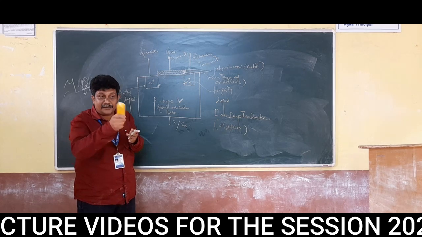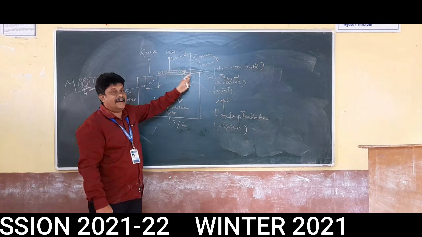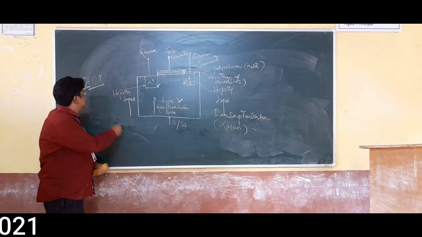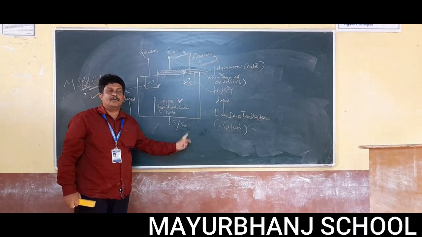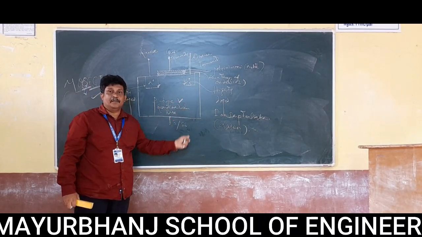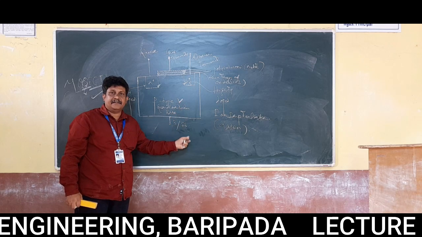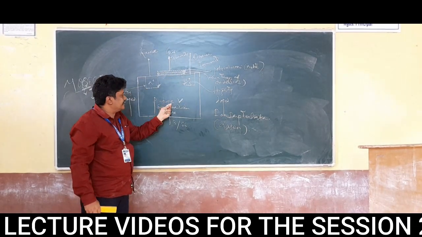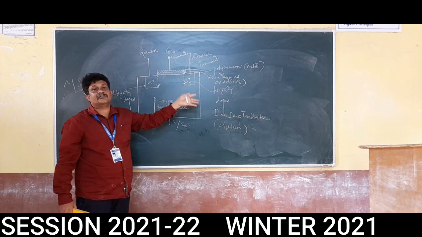What are the different terminals of FET? Source, gate and drain. So this naming is exactly what we have described here, why it is called MOSFET: metal oxide semiconductor and field effect transistor.